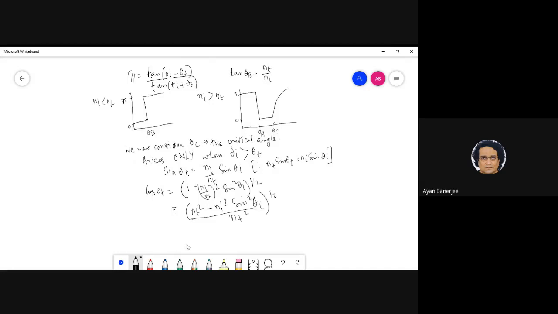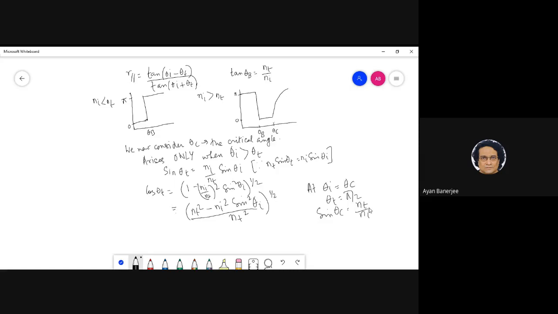By the way, what is another relationship that I can write for the critical angle? How does Snell's law change? What is the critical angle? At theta I equal to theta c, what happens to the transmitted angle? It is 90 degrees. So sine theta c is nothing but nt by ni.